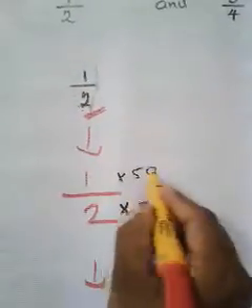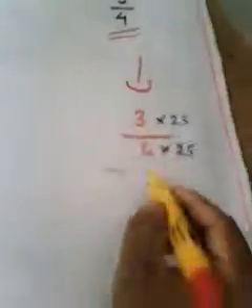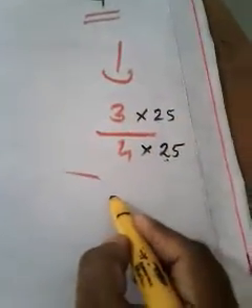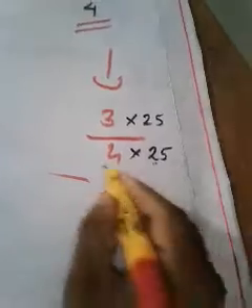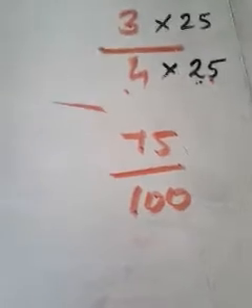So it becomes, what is 1 into 50? 50. 2 into 50? 100. And what is 3 into 25? 75. What is 4 into 25? 100. Now we see that 1 by 2 and 3 by 4 become 50 by 100 and 75 by 100.